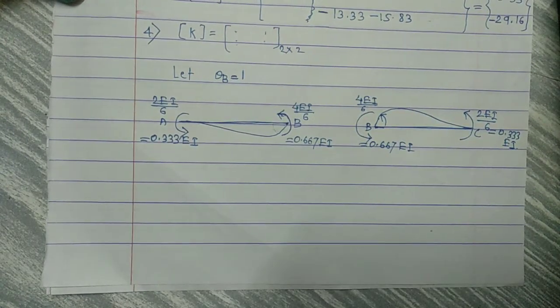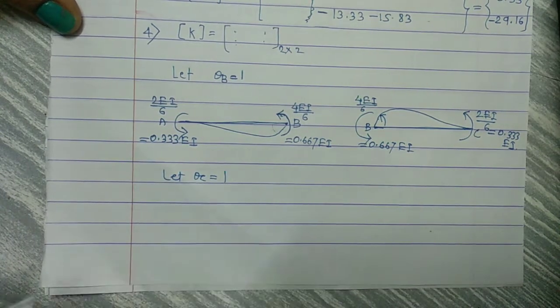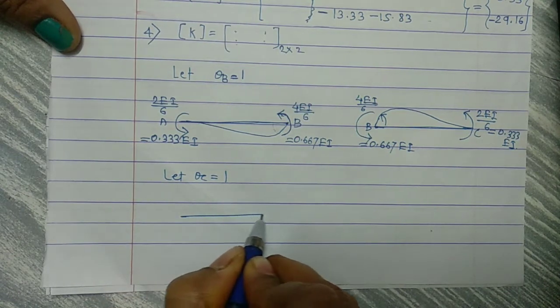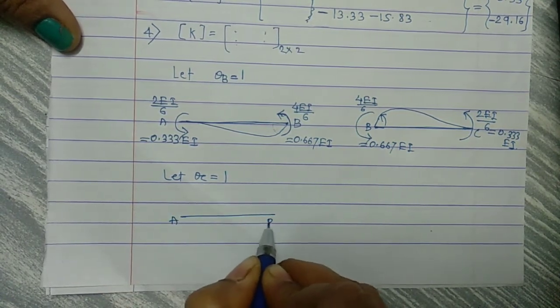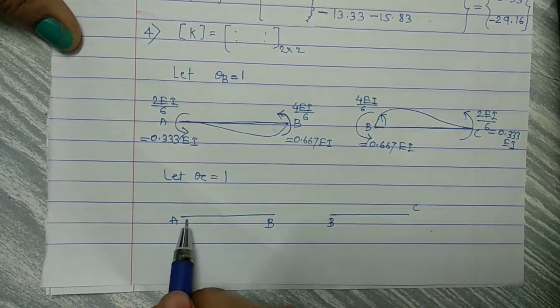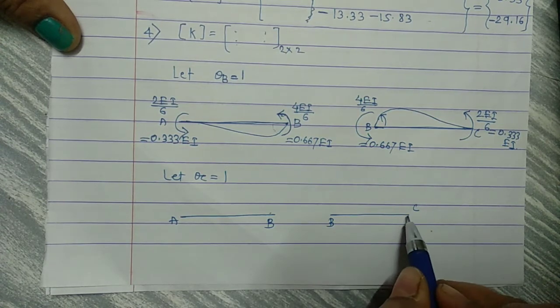Now let us take the second degree of freedom. Let theta C equal to 1. So when theta C is equal to 1, member AB, member BC. So member AB will remain as it is, a straight member. There will not be any deflection in that, because the rotation is at C. Only BC will be affected.